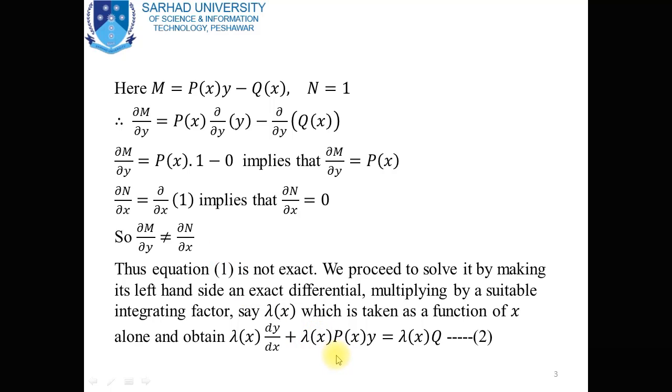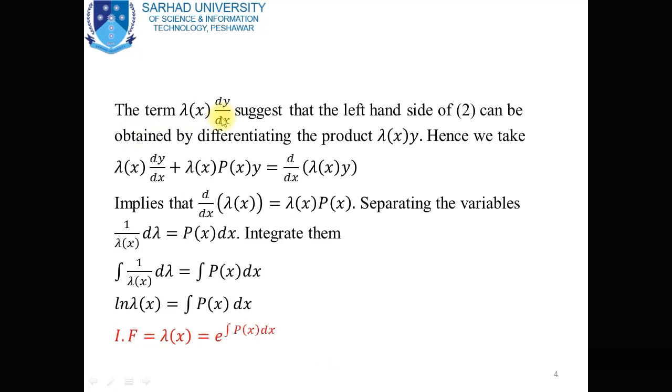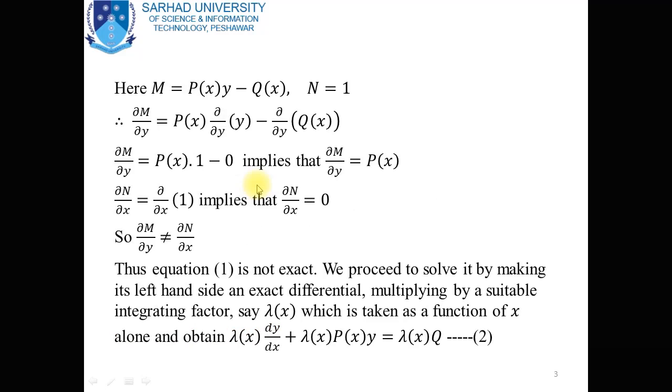Now the term lambda(x) dy/dx suggests that the left hand side of equation 2 can be obtained by differentiating the product lambda(x)y. Hence we take lambda(x) dy/dx + lambda(x)P(x)y equal to the derivative of the product of the integrating factor and y, which is the left hand side of equation number 2.